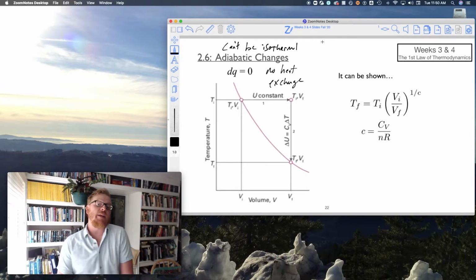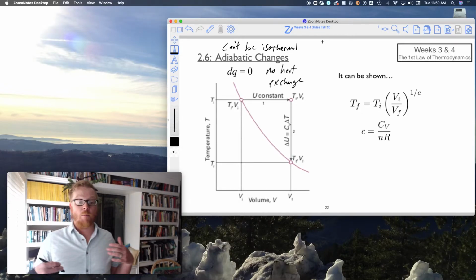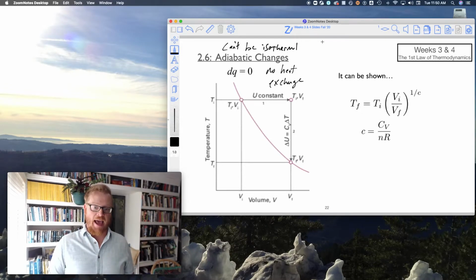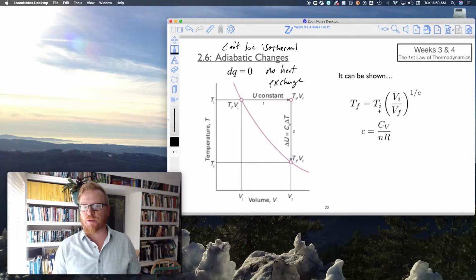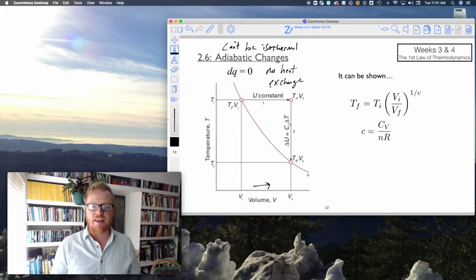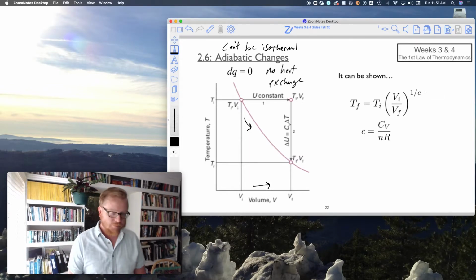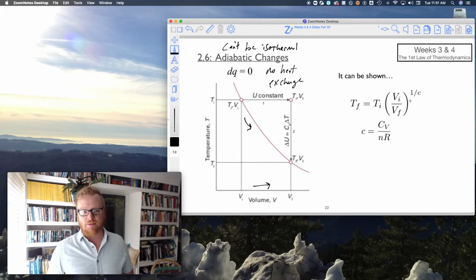So there has to be an accompanying temperature change when something expands adiabatically, okay? It can be shown that if I change the volume from VI to VF, then there has to be a temperature change from TI to TF, related by TF equals TI times the ratio of VI over VF, raised to a constant. I know this kind of looks goofy the way that this constant is written. I just want to be consistent with the book. So that's what the book is showing, okay?